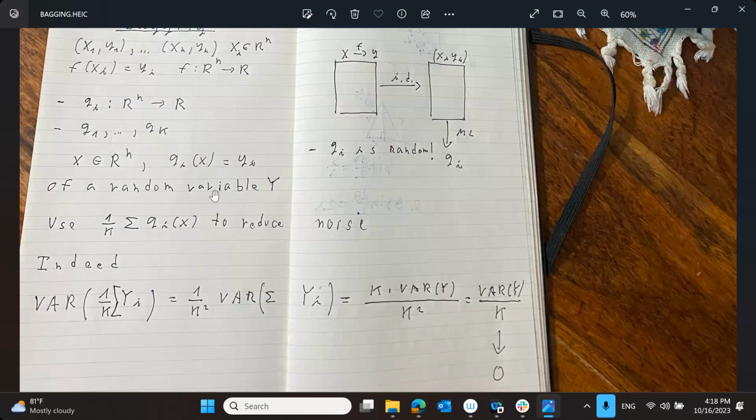I call that variable y. And if I take the average of that random variable y, that's a way to make the result more stable. Now let's understand why.